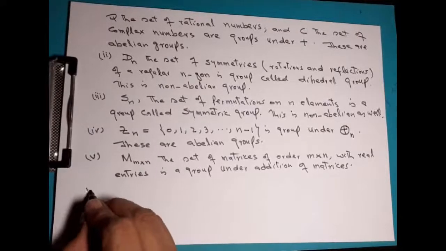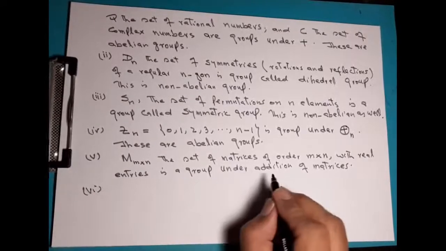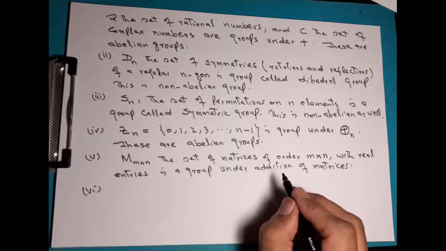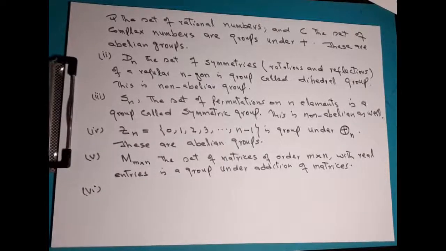Our next example is, now we consider the set of non-singular square matrices with real entries. This is a group under multiplication.